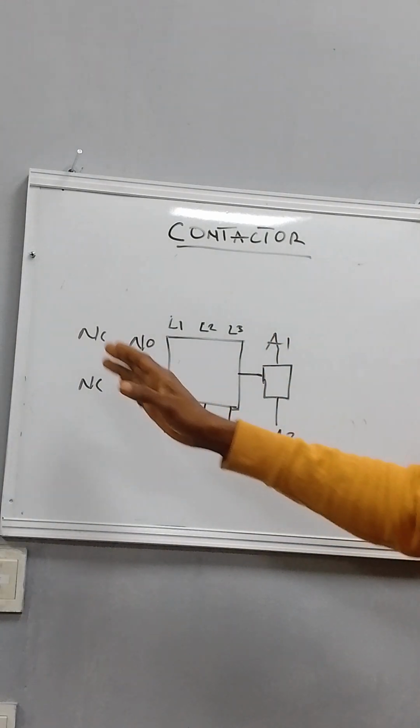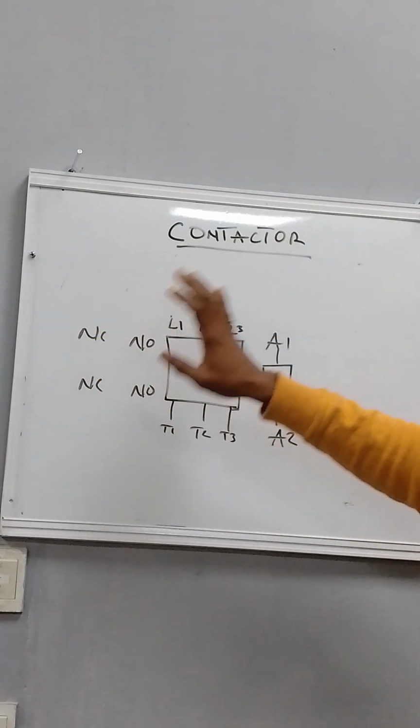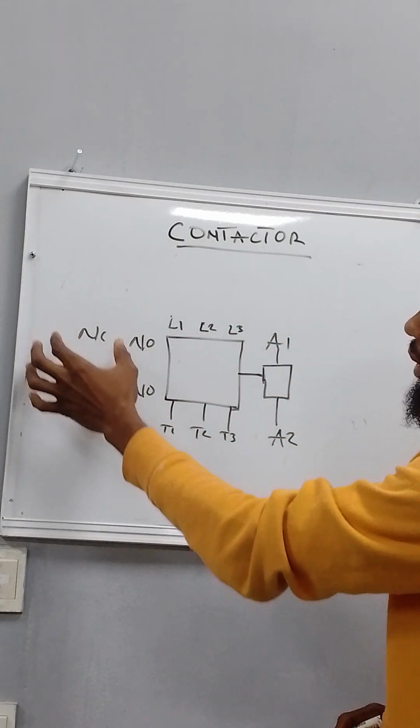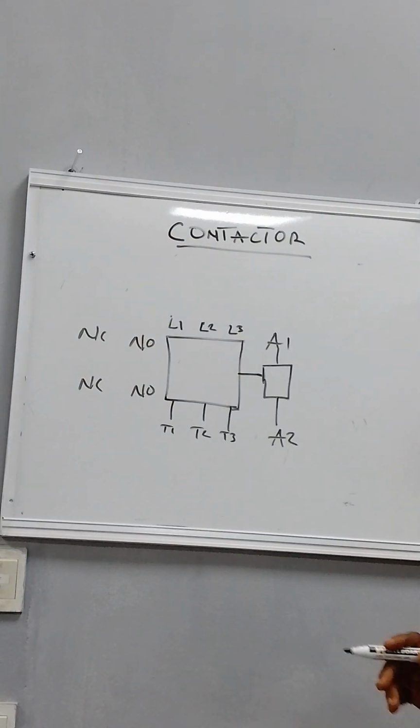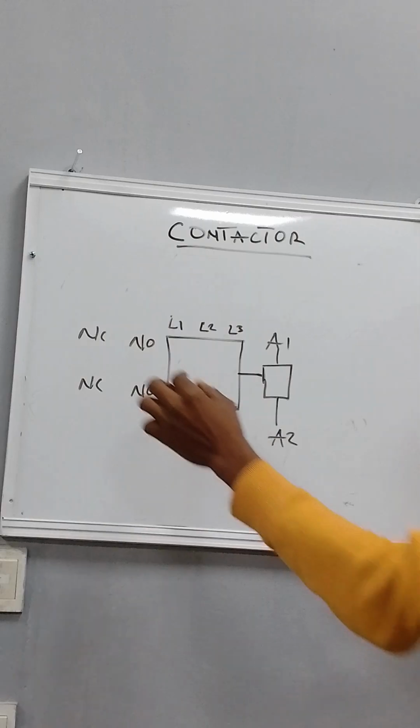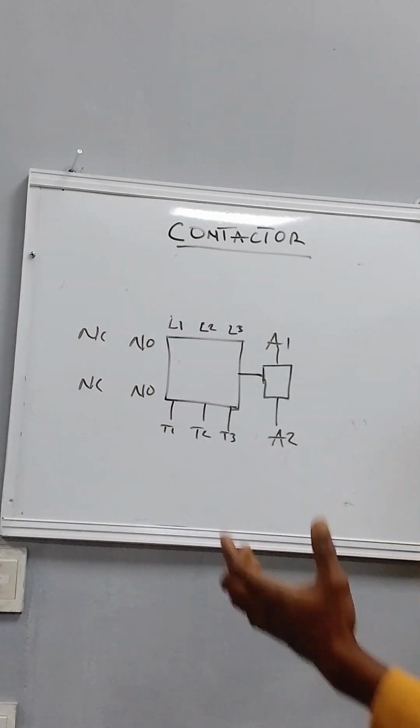Now, how does this component work? Look at it. This is the NC side, and normally we say NC is normally closed, while NO represents normally open.